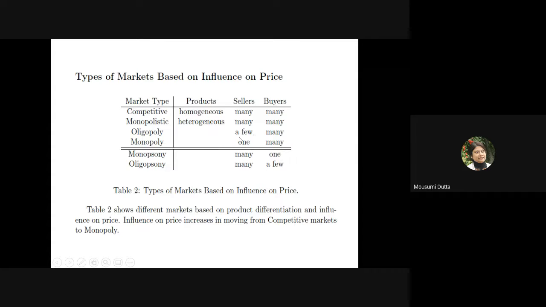Now, in case of oligopoly, you will find the behavior of the firms will be strategic in nature. Many times they fight for market shares, many times they fight for prices. It will depend on their strategy.